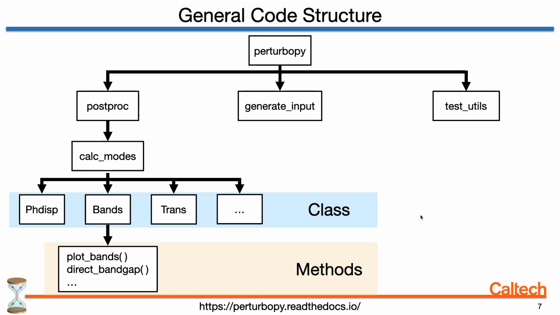For example, we have the phonon dispersion class, the bands class, trans, and more. Within the bands class, there are several methods available for you to analyze the data, such as plot bands to help plot the bands, direct band gap, and many more. These methods are discussed in depth on the website shown at the bottom here.